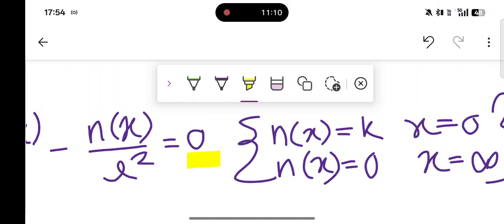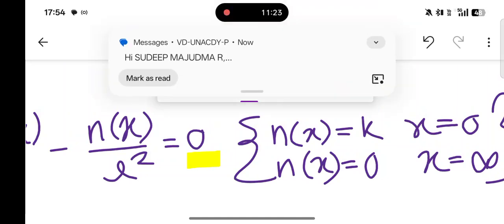So hopefully you understand, you have to calculate the PI and the CF, or you can calculate the CF first. It doesn't matter, but after calculating CF and PI you have to add both of them.